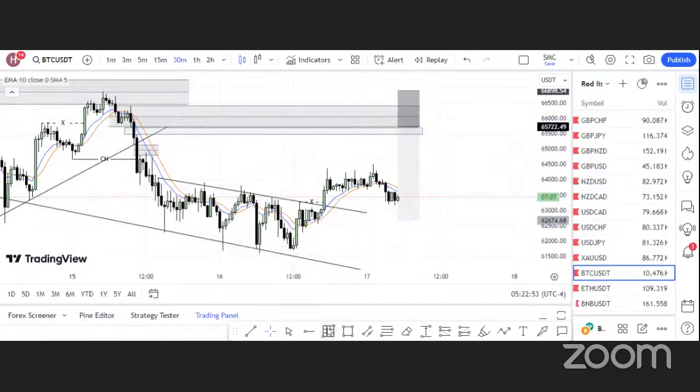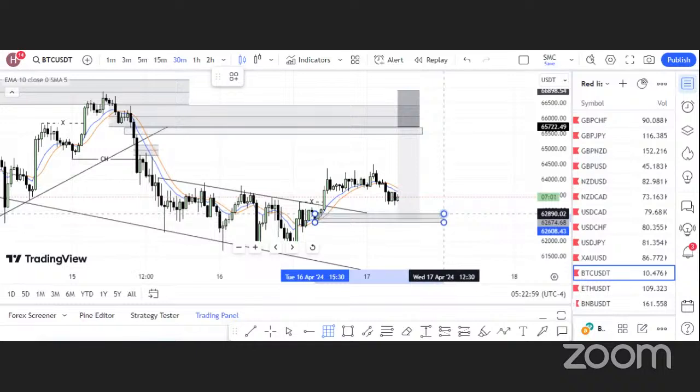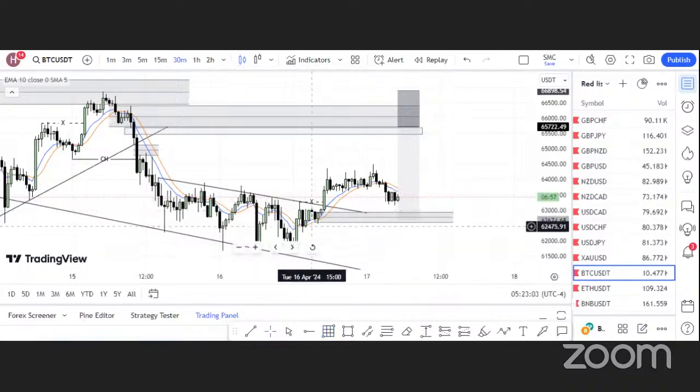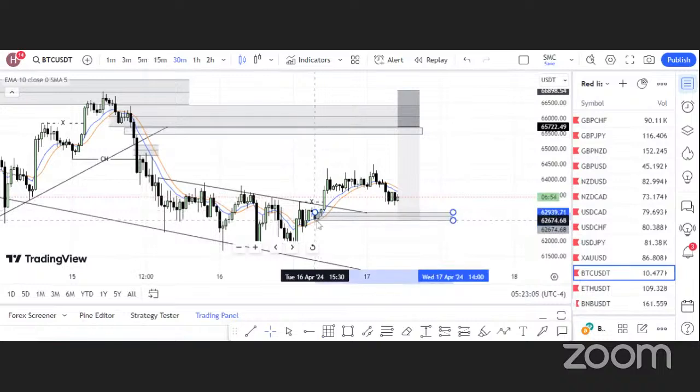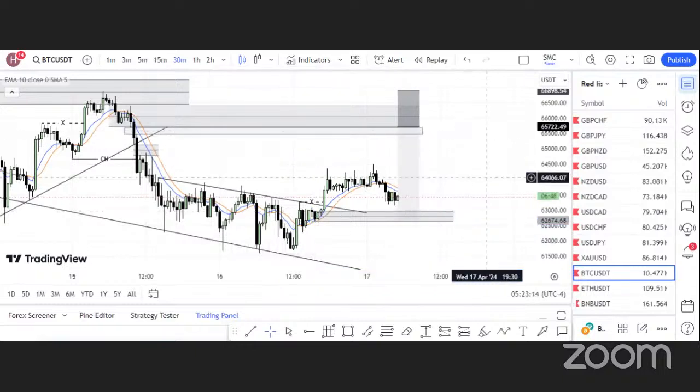So you see, I think for this we might be having double entry opportunities. I think we might have more than one entry opportunity. So we can buy from here and then sell from this level.